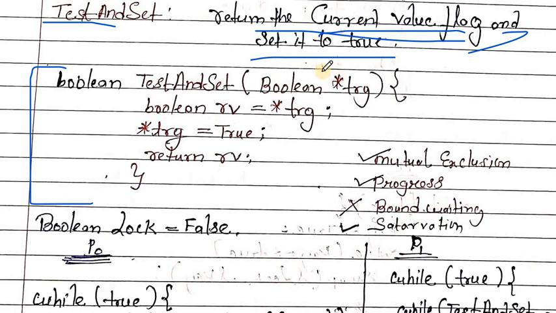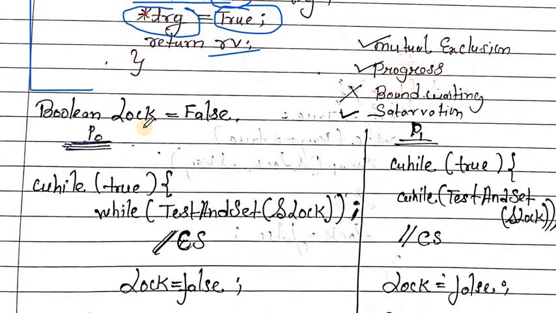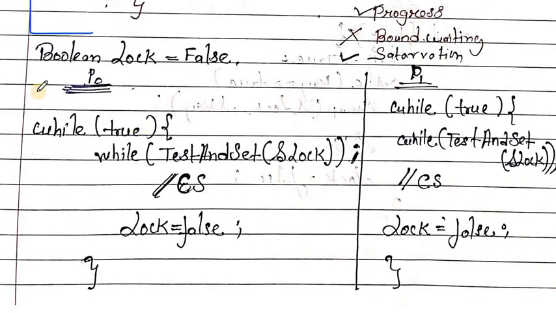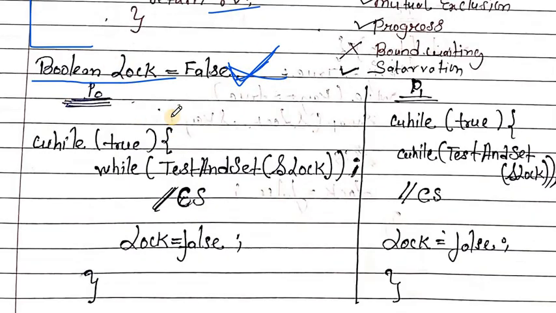We pass the flag, store the flag into RB, change the flag to true, and return the flag value RB. Here is a boolean lock, initially false. It is a global shared variable.